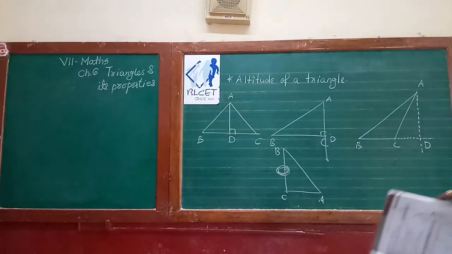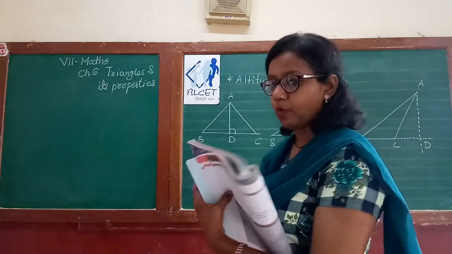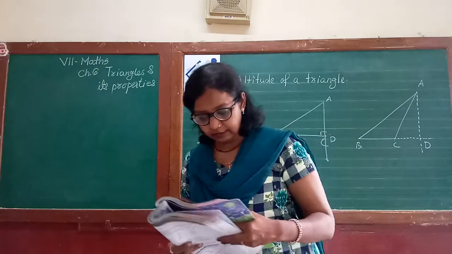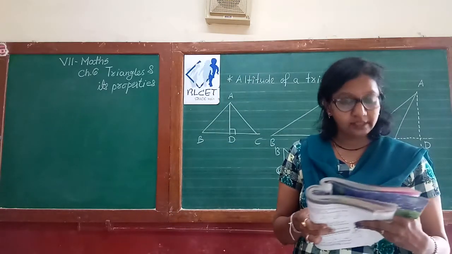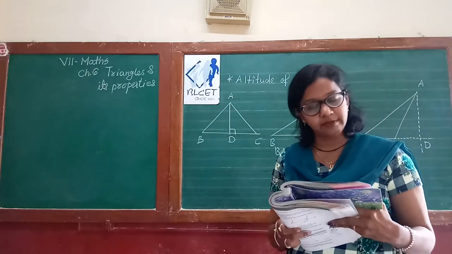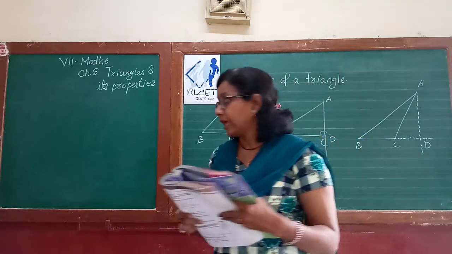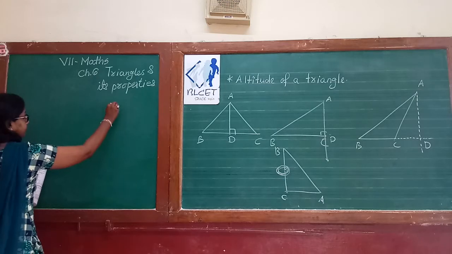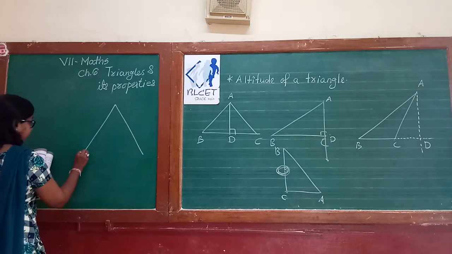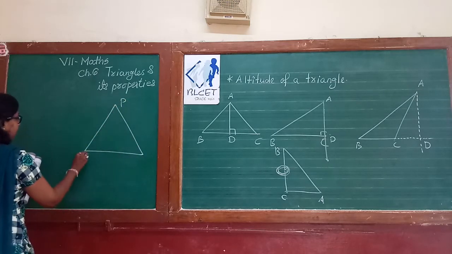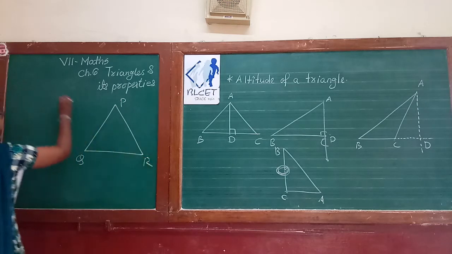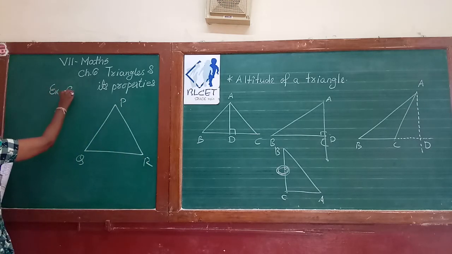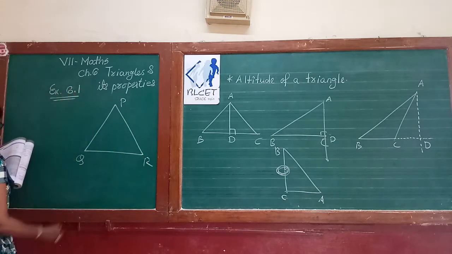Next, we have exercise 6.1. You will do this by yourself, but I am just explaining. In triangle PQR, suppose you have a triangle PQR. This is your exercise 6.1. What is given?